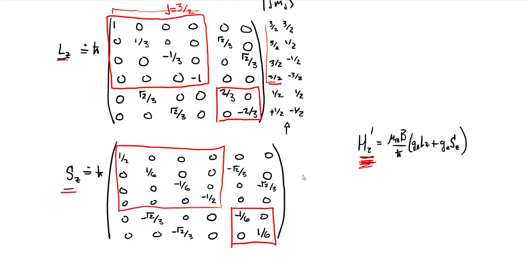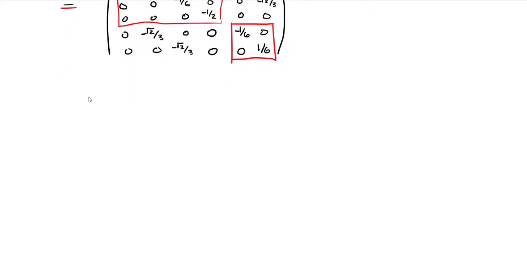We just have to figure out what these are, add these two matrices together with the appropriate scalar multiples, and we know what our energy shifts are going to be. So focusing just on this 3/2 degenerate subspace at the top, we end up adding those together.